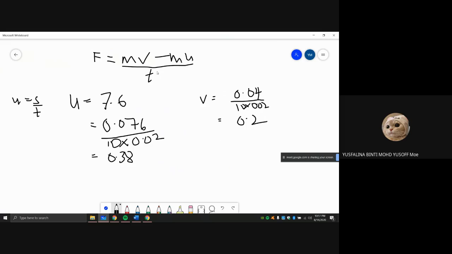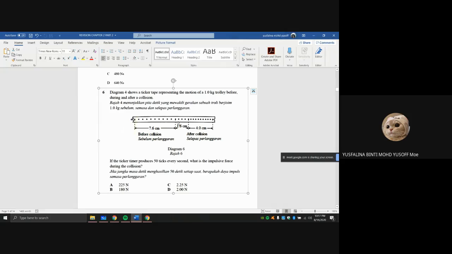The next one is the time. V already settled, U already settled, mass already given. So now the problem is the time. You should find the time of impact, which means the time taken for the change of momentum before and after the collision. The change of momentum is here.